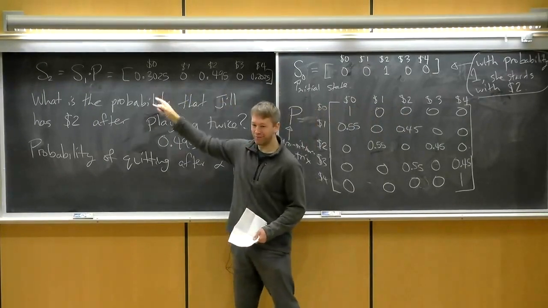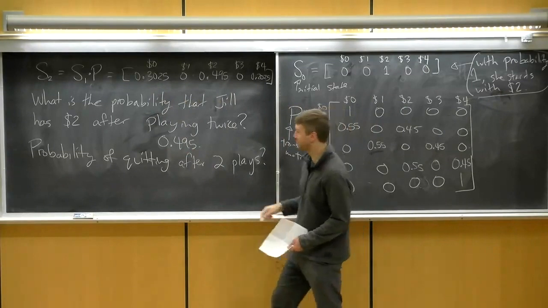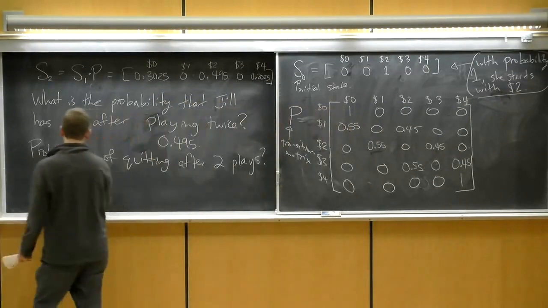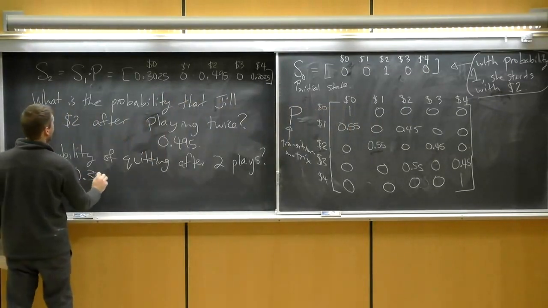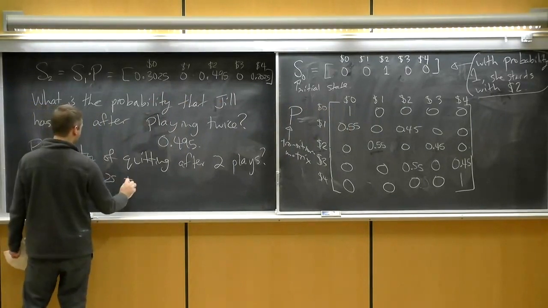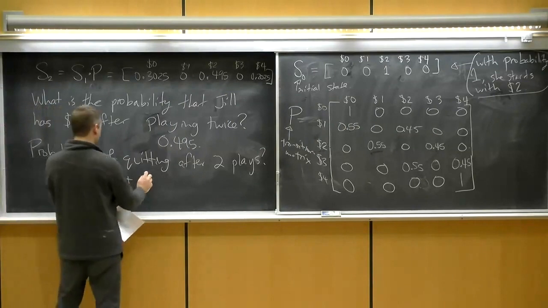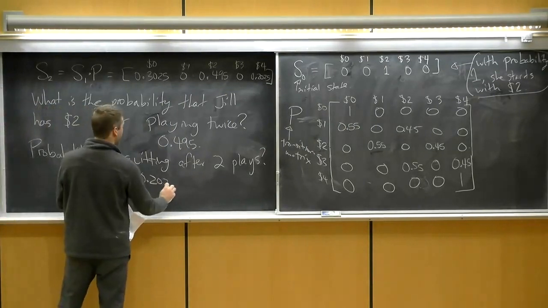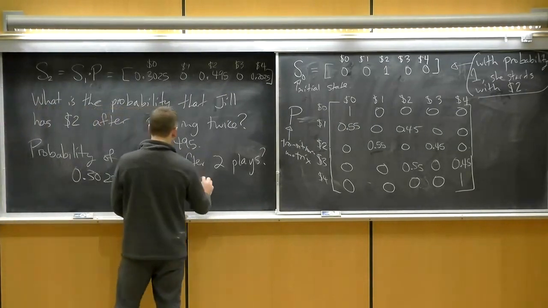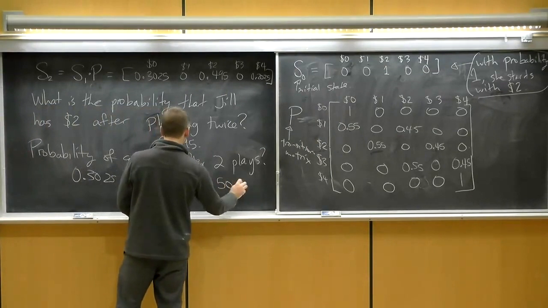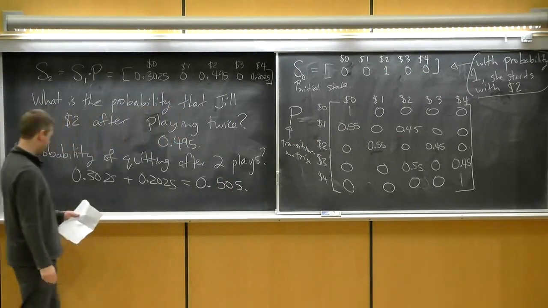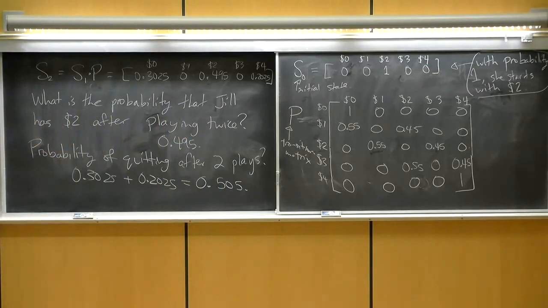So we take 0.3025, which is the probability of having $0. But she also quits if she has $4, so 0.2025, which gives 0.505. Is that right?